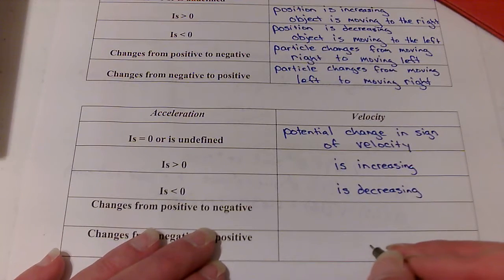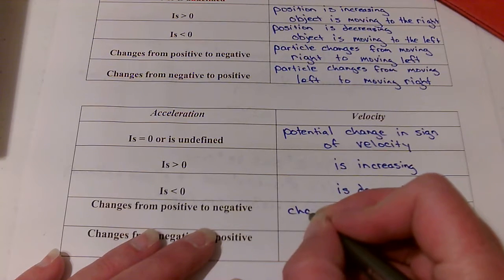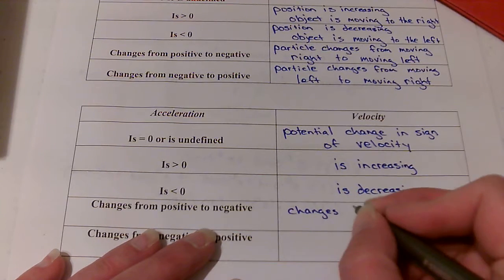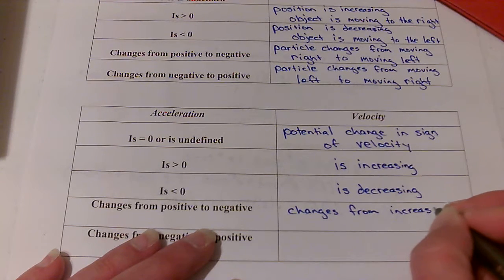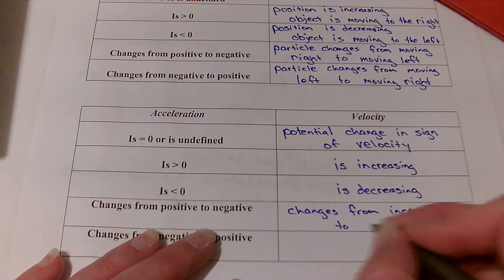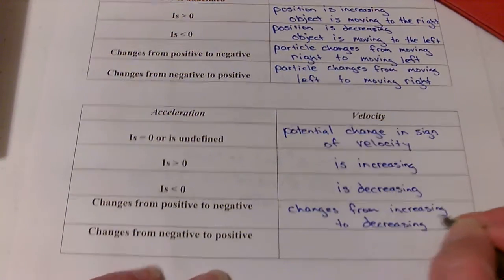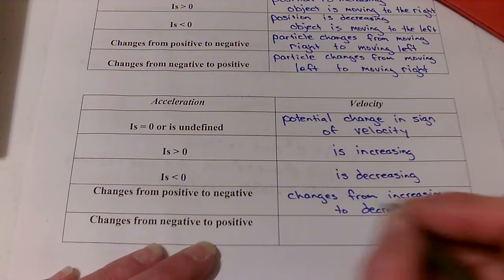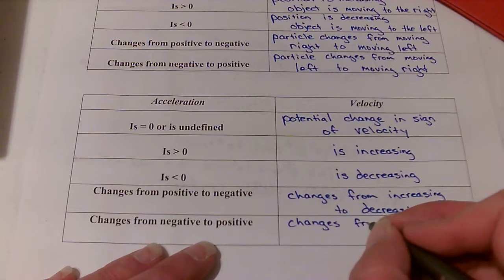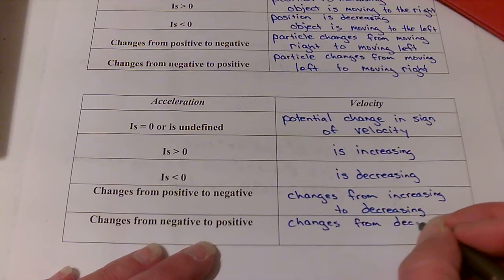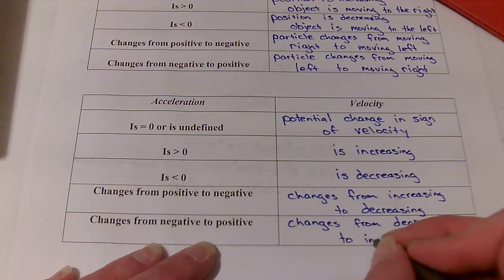If acceleration changes from positive to negative, then velocity changes from increasing to decreasing. And if it's changing from negative to positive, we'll reverse this. Changes from decreasing to increasing.